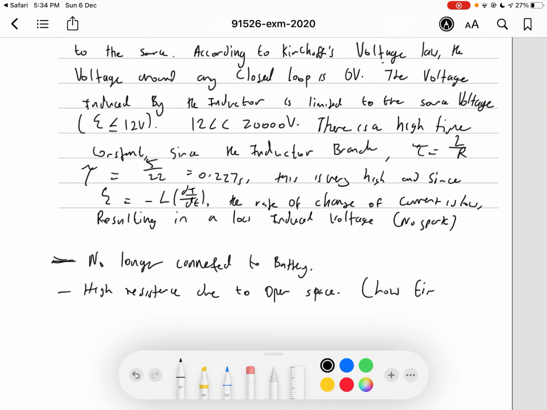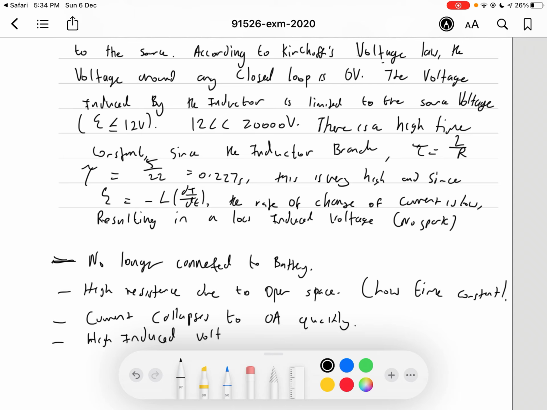So you can link that to a low time constant. You can say that current collapses to 0 very quickly. Current collapse. And that you can link it to a high induced voltage, and hence there is a spike.